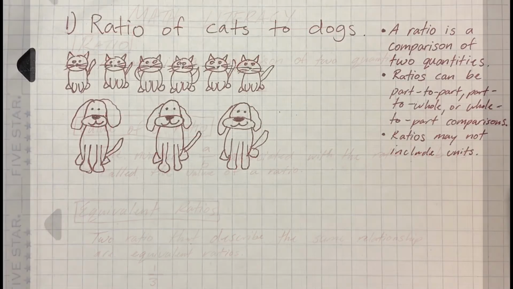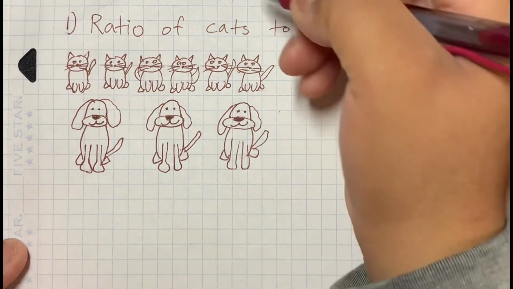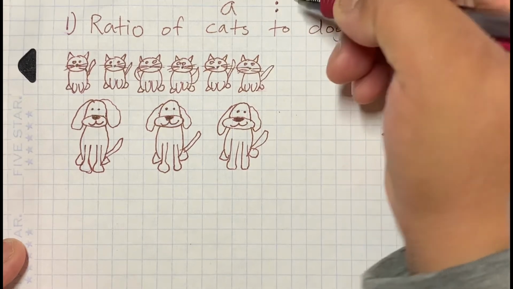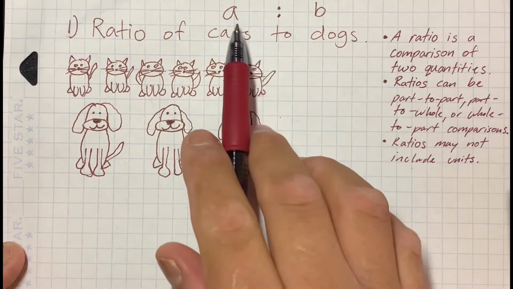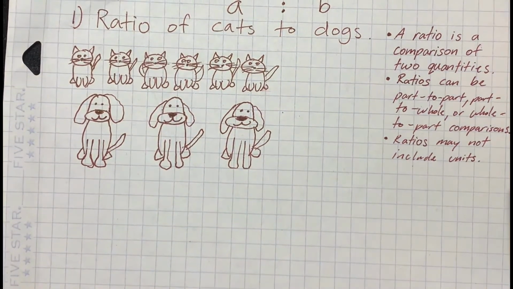Here we go. The first problem we have here, we want to find out the ratio of cats to dogs. Now you have to really listen carefully. Cats to dogs, so listen to what was mentioned first. Cats would be the A unit, and dogs would be the B unit. So again, cats to dogs. So we got to count how many cats there are.